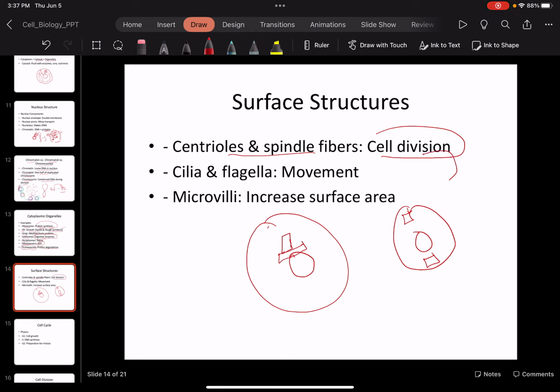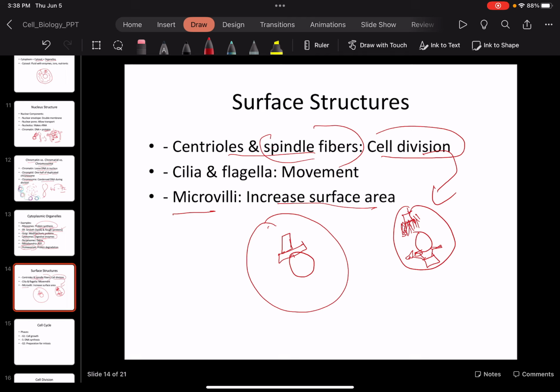That is the time of cell division. The fiber formation happens here. The sister chromatid is attached to those fibers for nuclear division.